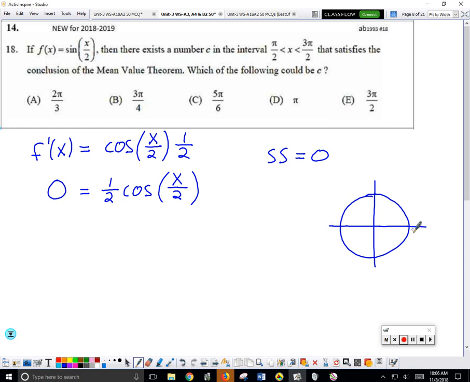So we stop when we hit the point on the circle where the cosine will be 0. Okay, right there is where the cosine is going to be 0. That's because the cosine of pi over 2 is equal to 0. So what x value do we want to pick to make that statement equal to 0? Pi. Okay. Good work. Thank you.